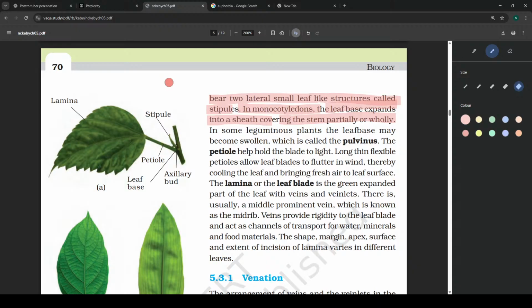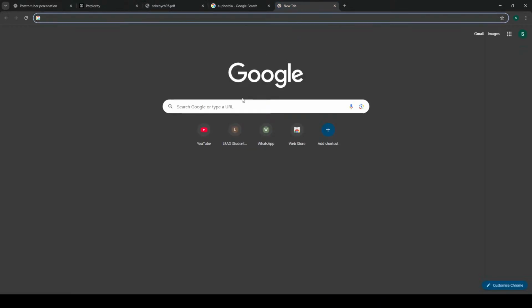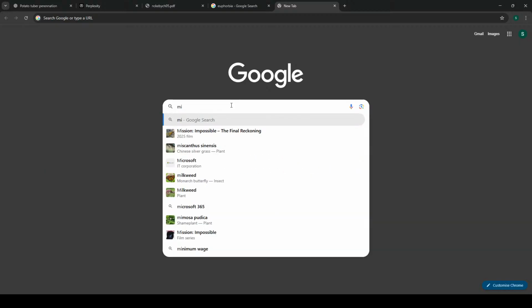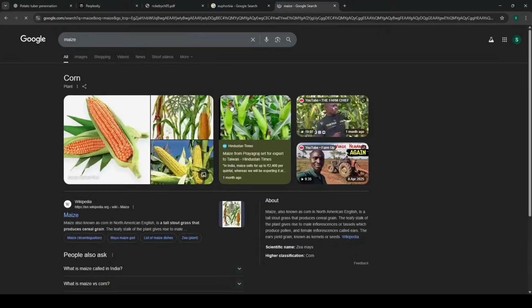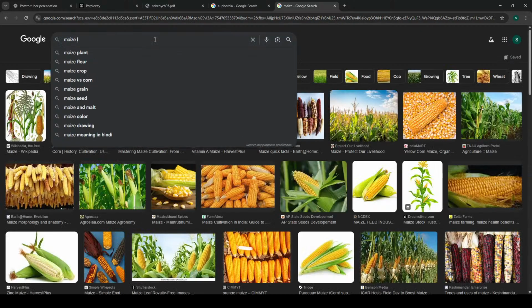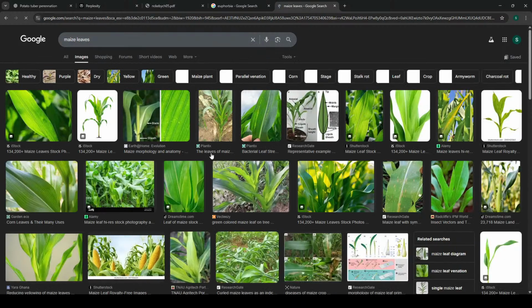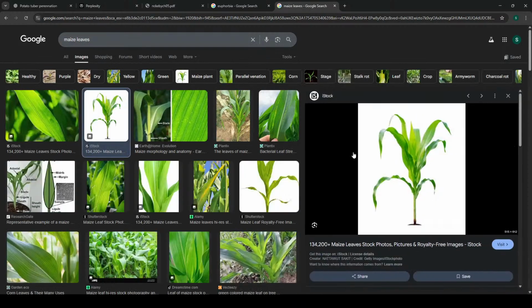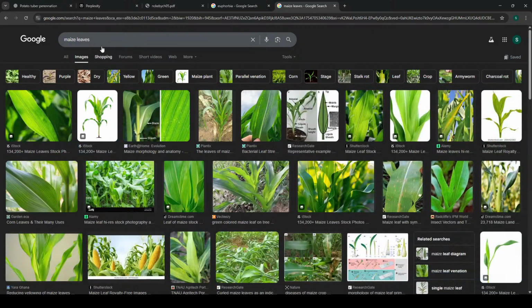If we see maize leaves, for example, it is covering the stem here. This is a monocotyledon plant and it is covering the whole stem. This is seen in monocots.